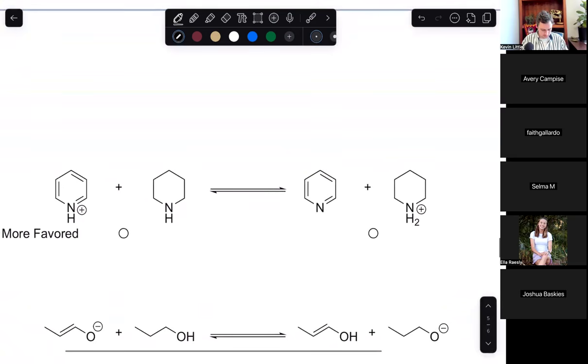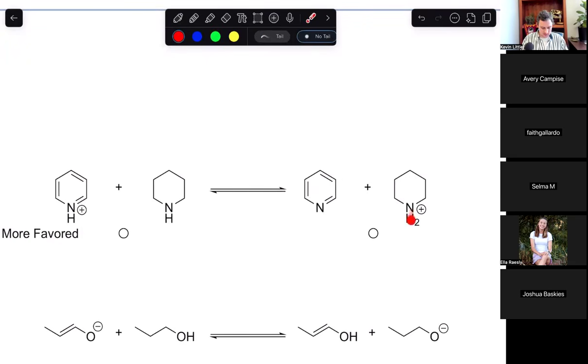All right. Now this one's kind of tricky, right? You have to say, what's the difference between these nitrogens? What's really the difference? Resonance? Kind of.